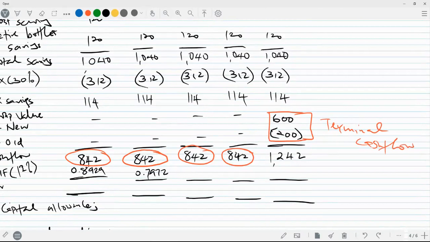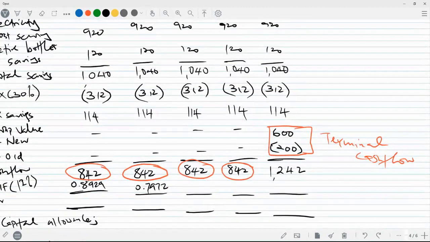Therefore, even in year 5, it is also going to give us 842, because this is the terminal cash flow. You've been asked about the terminal cash flow, isn't it? That's Roman 3, asking about terminal cash flow, so this is the Roman 3 answer.